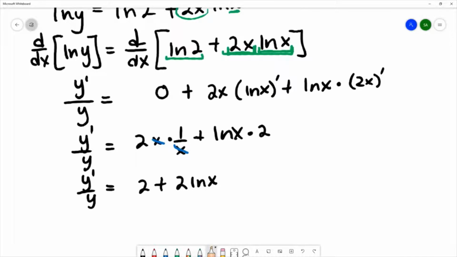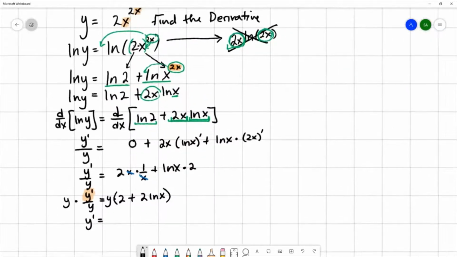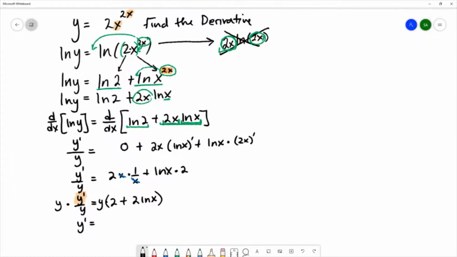My goal was to find the derivative of the function y. So I'll multiply both sides by this denominator of y. So I have y prime equals y, and y is the original function. So our original function was 2 times x to the 2x.